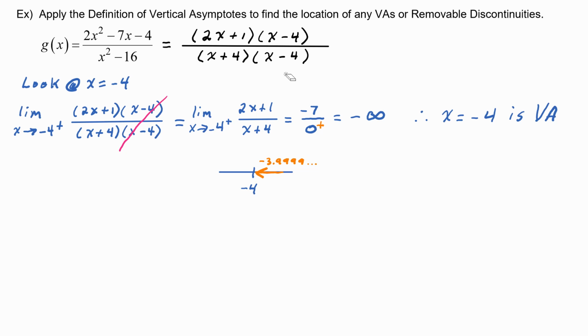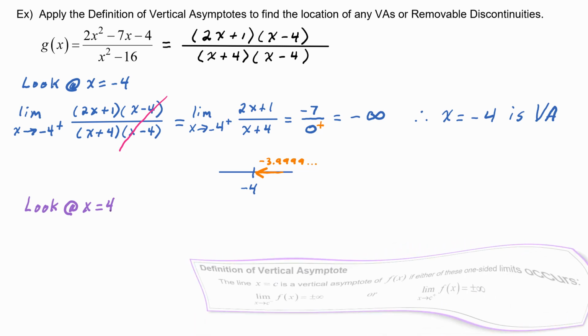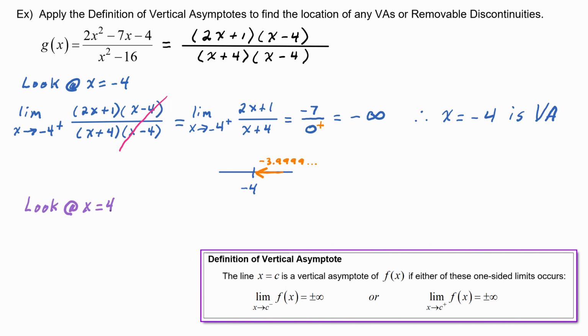Next, let's look at what happens at +4, which also makes the denominator 0. So now we will look at x equals 4. And once again, if we apply the definition of vertical asymptotes, we know we have to perform a one-sided limit, and that limit would need to be infinity or negative infinity to result in a vertical asymptote.